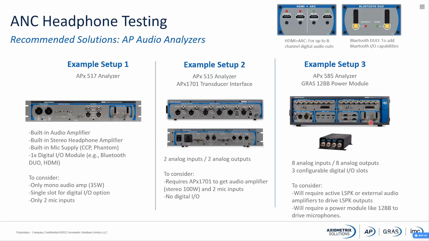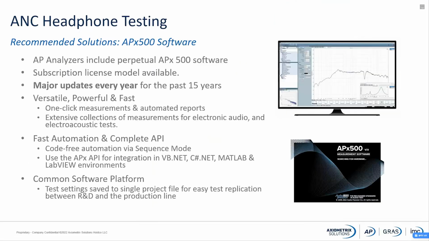But if we have the possibility of having digital I/O slots, we can use a module, for example, like the HDMI. We can send 8 channels via HDMI to an HDMI amplifier. We can have 8 different speakers, for example, that are driven by an HDMI amplifier.